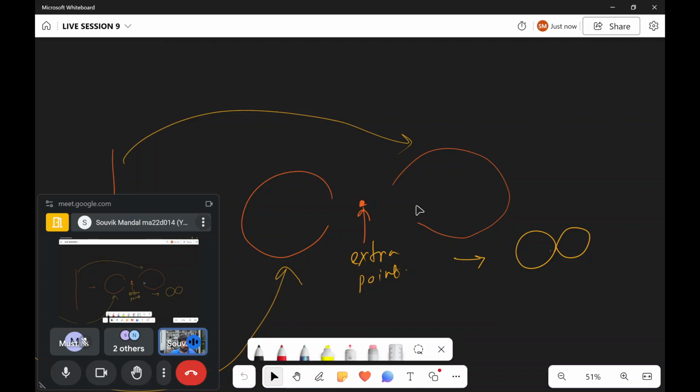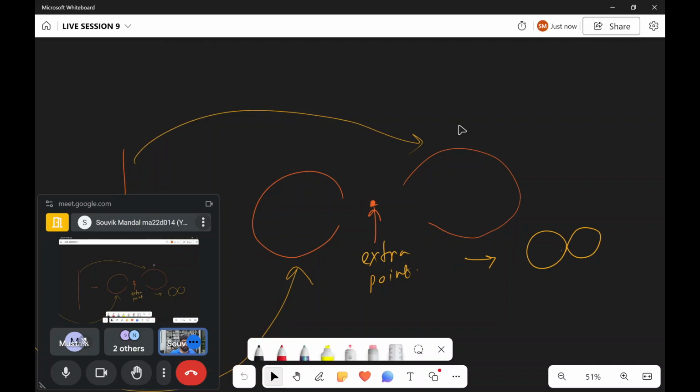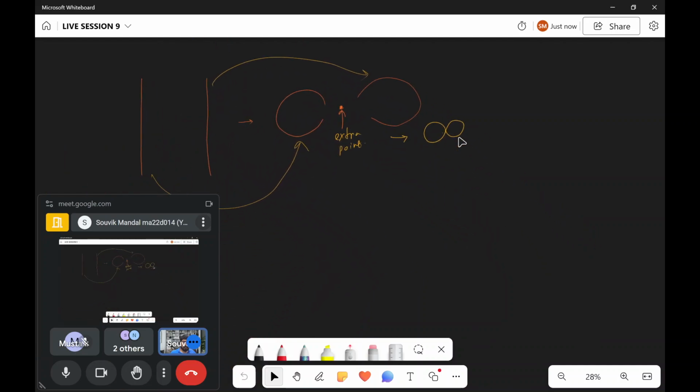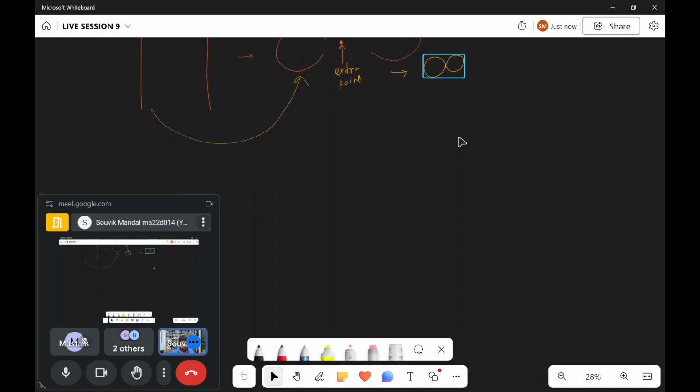So this tells that the one point compactification of disjoint lines is this figure, known as figure 8.